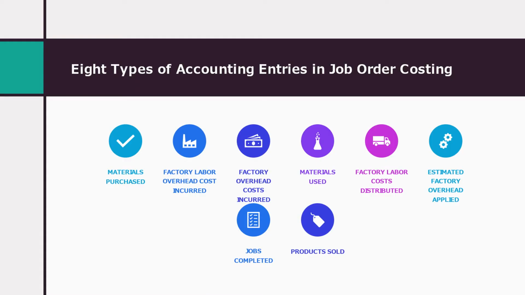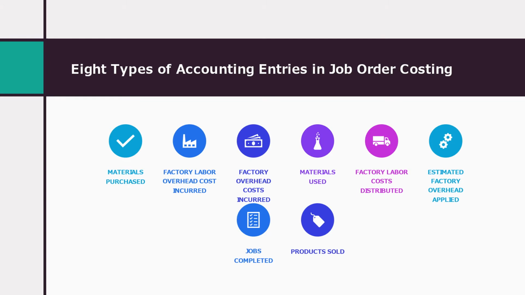Okay, so there are 8 types of accounting entries in job order costing that you need to consider, and we will talk about this one in detail. So for materials purchased, factory labor overhead cost incurred, factory overhead costs incurred, material used, factory labor cost distributed, estimated factory overhead applied, jobs completed, and products sold.